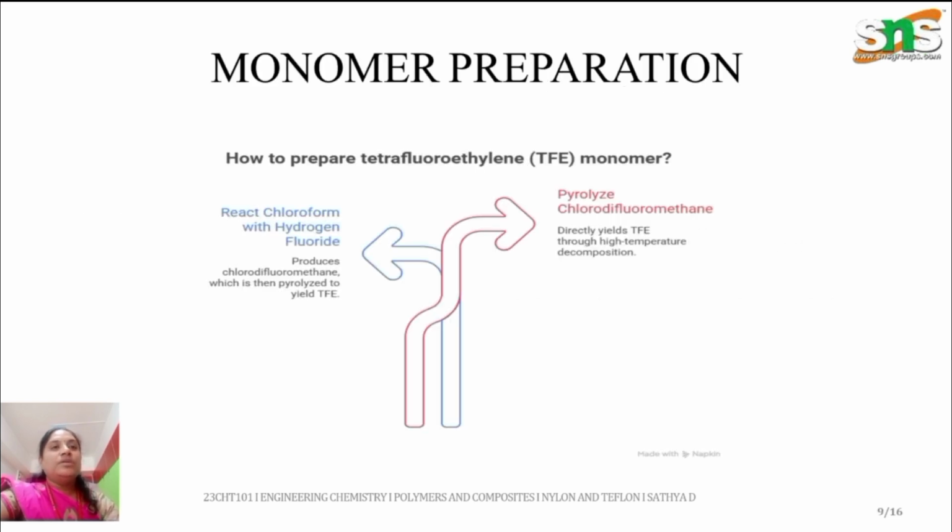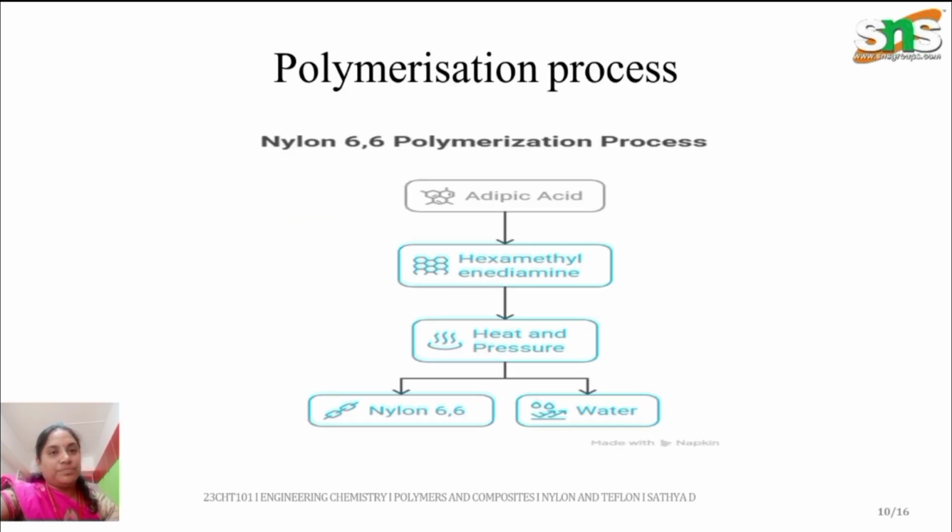For monomer preparation, the monomer is tetrafluoroethylene, which acts as the monomer to form Teflon. That means polytetrafluoroethylene is the polymer and tetrafluoroethylene is the monomer.